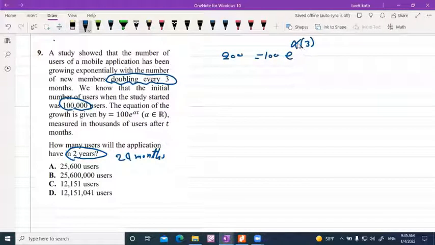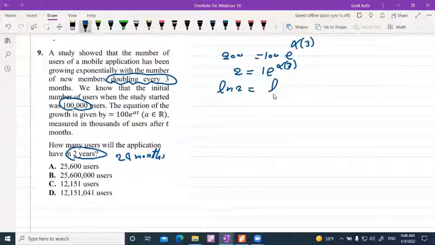So it will be e to the alpha times 3 months. This is the doubling after 3 months. From this equation you can get the alpha, which is the constant. How? Look, this 200 and 100 can be 2 and 1, because you divide by 100. Now you can take the ln of both sides.